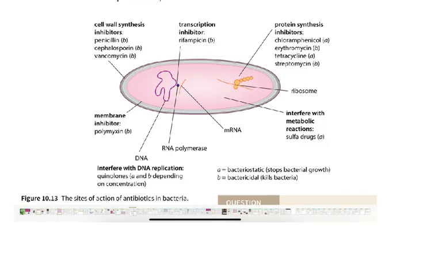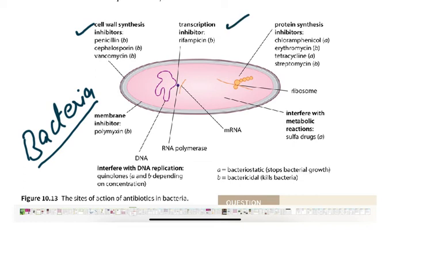Now let's look at the different ways by which antibiotics kill bacteria. So antibiotics, like we've all had antibiotics at some point, Augmentin, Claricid, Ampiclox, Amoxil. So they are cell wall synthesis inhibitors. They stop transcription. Transcription is DNA to RNA, DNA to mRNA.